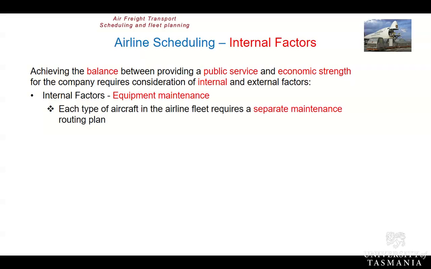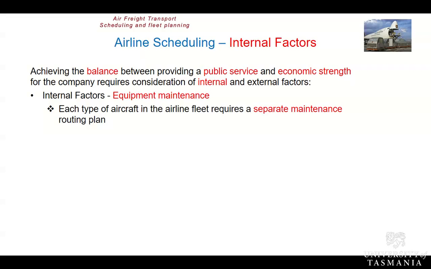And what this means is that every single aircraft that you've got in your fleet has its own maintenance plan. So every number of hours that it works up, it goes in for some form of maintenance. Then it gets up to the next level and the next level and the next, and this is ongoing.